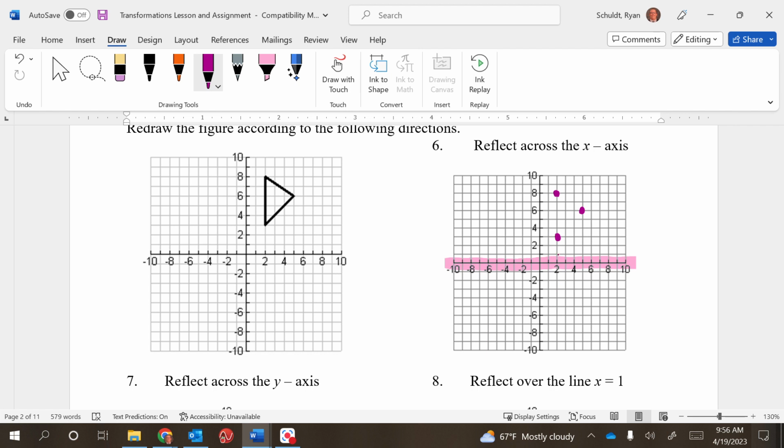I want to make it like I'm looking in a mirror. So what would this be? Well, I went 3 up from 2, so I'm going to go 1, 2, 3 down from 2. I'm going to go 8 down. Instead of at 5, 6, it's going to be at 5, negative 6. That way it looks like I am looking in a mirror.